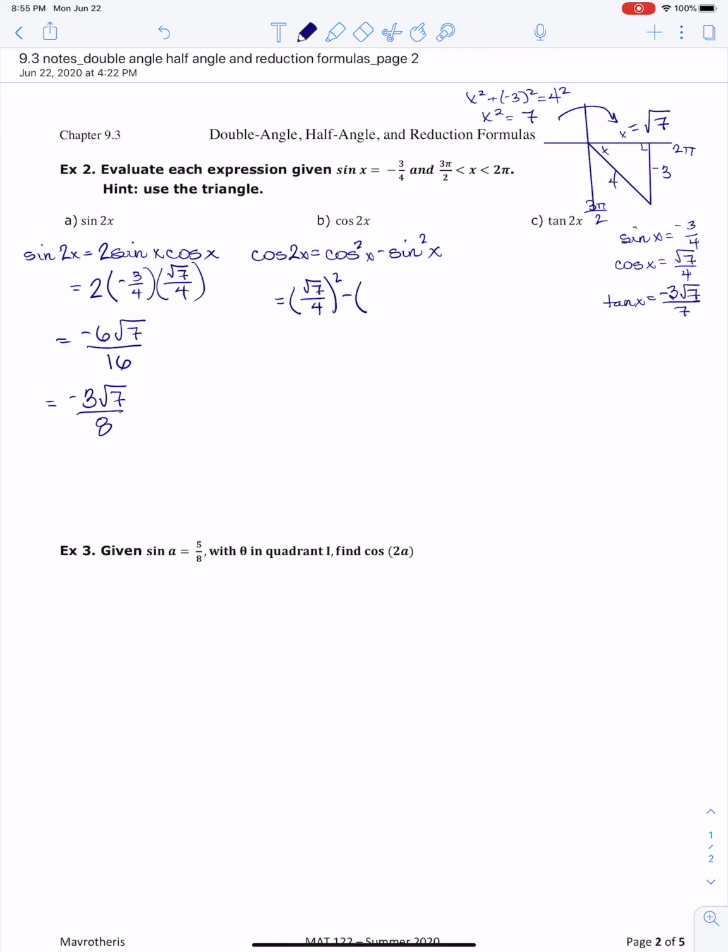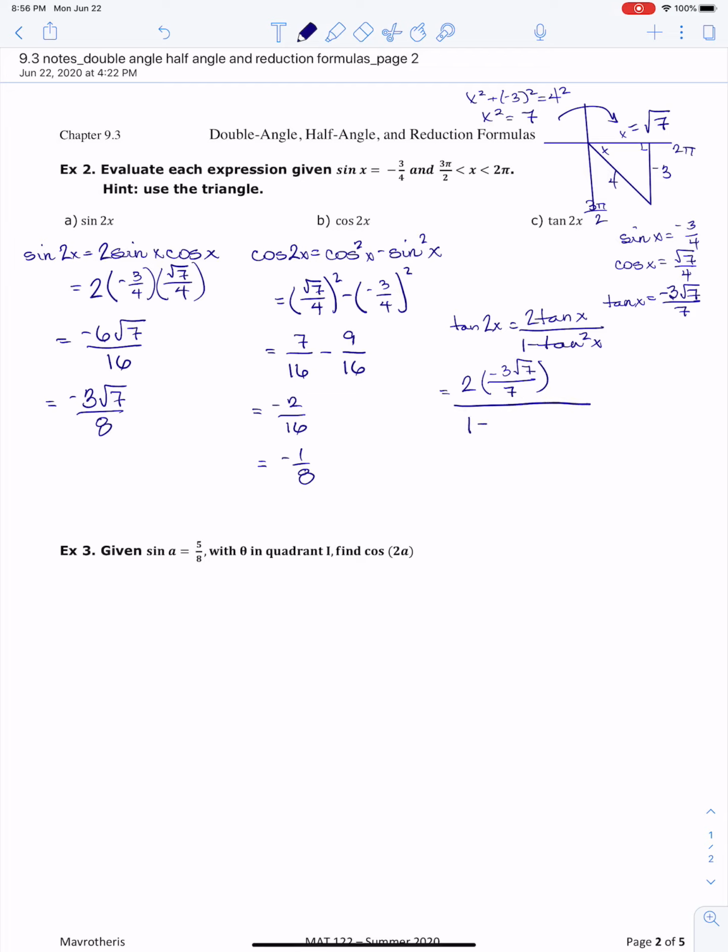Tangent 2x. Again, I'm going to write that out. That's 2 times the tangent of x over 1 minus tangent squared x. 2 times our tangent of x is not pretty. Negative 3 square roots of 7 over 7.